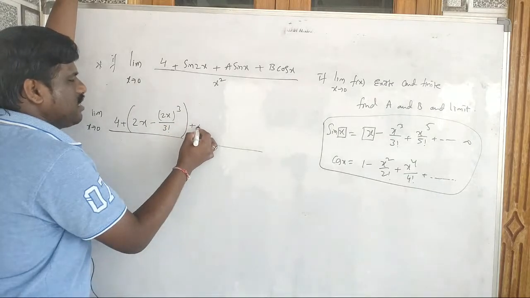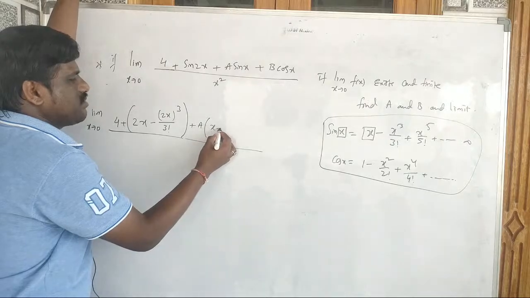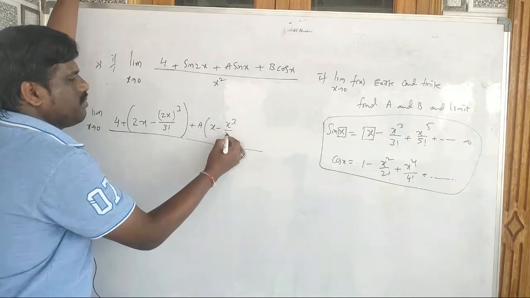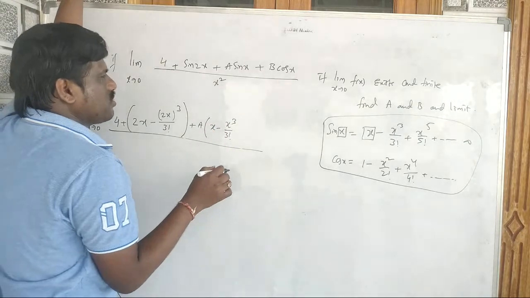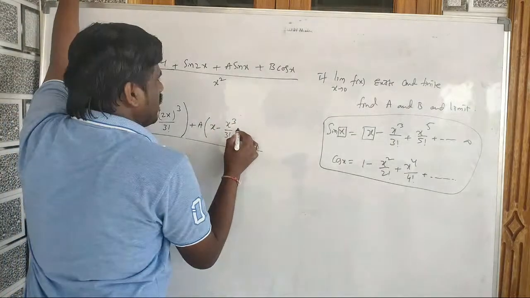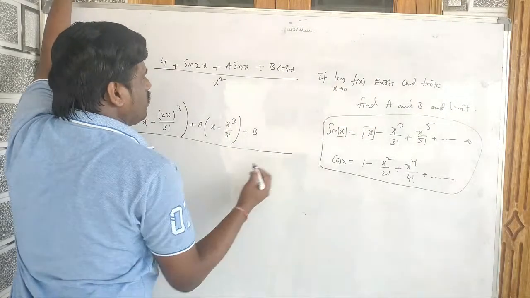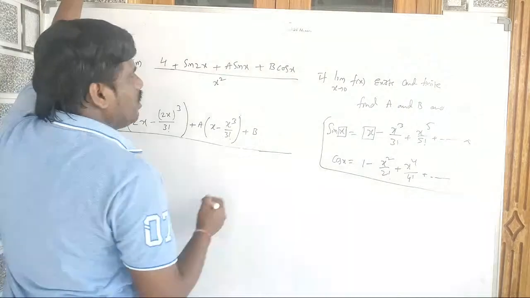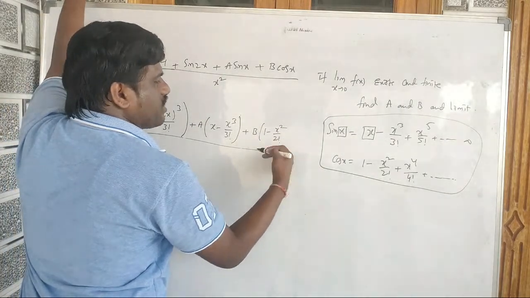Plus a into sin x, which is x minus x cube by 3 factorial, and so on. It goes on. Next plus b into cos x. Cos is what? 1 minus x square by 2 factorial, and so on.